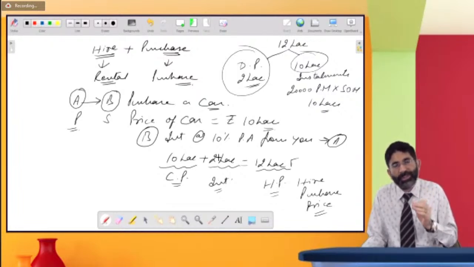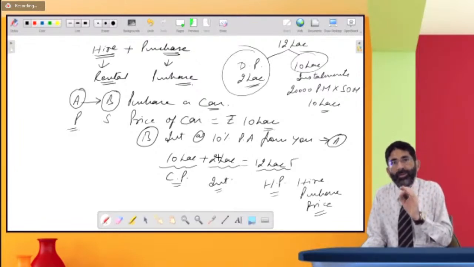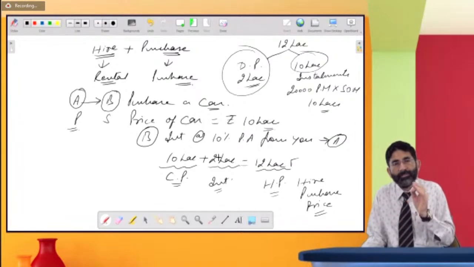But in hire purchase, seller means B doesn't transfer the ownership to A. Ownership remains with B. When all the installments are paid, only then the ownership will be transferred to A. In case of credit sale, your vendor has no right to acquire the goods back. He can just claim the payment by suing him in the court. But in case of hire purchase, vendor has full right to take back the goods, to repossess the goods.